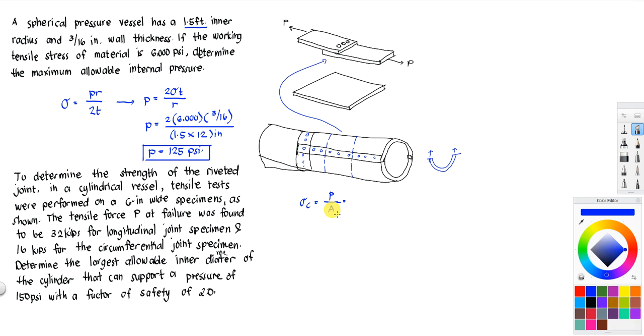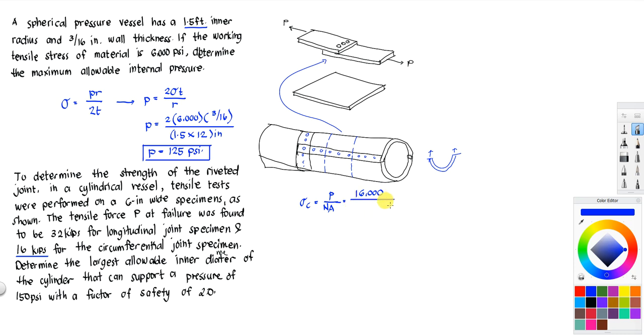So instead of just P all over A, I divide it by the factor of safety. Sometimes N is used, sometimes Fs. So the P that I get, first for the circumferential, is 16,000. We can have it as 16 kips, or 16,000 pounds.